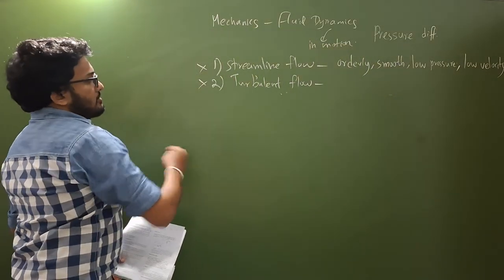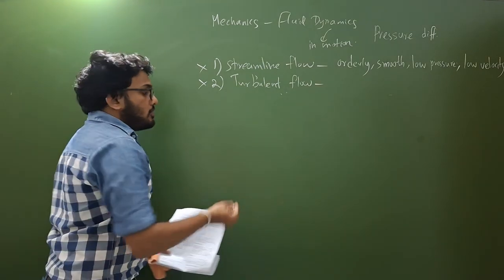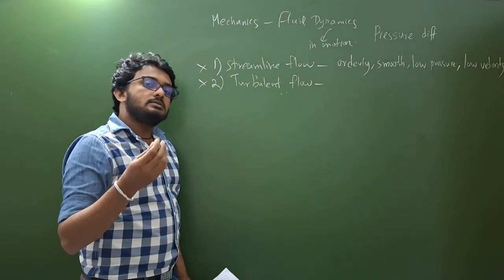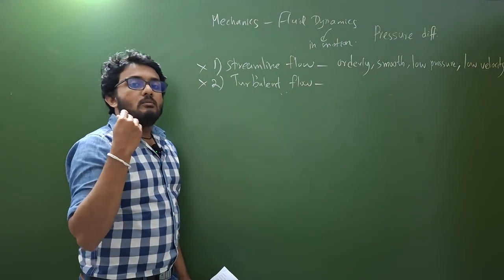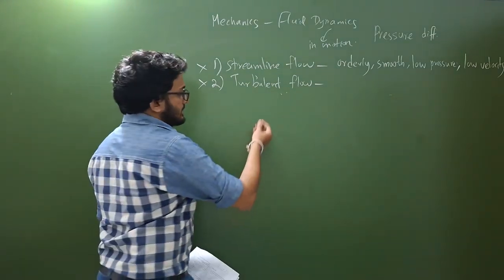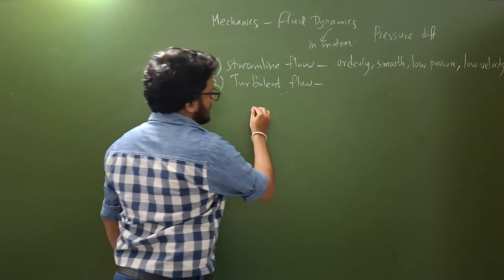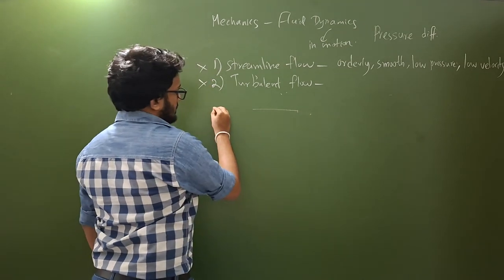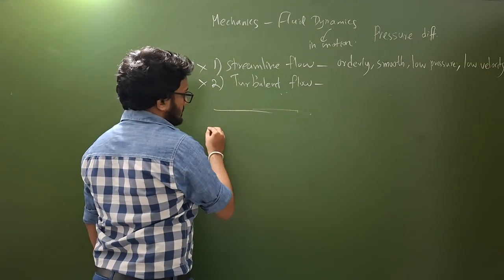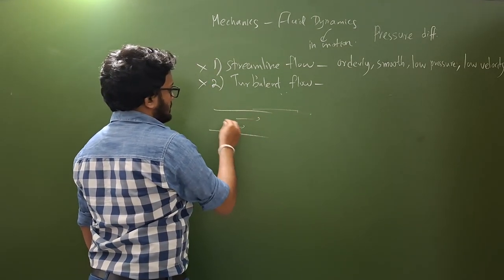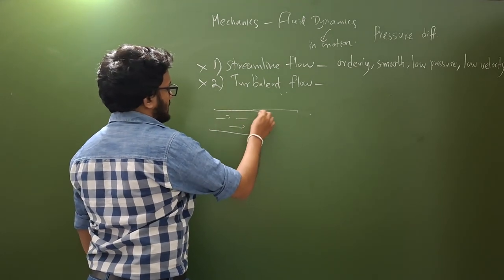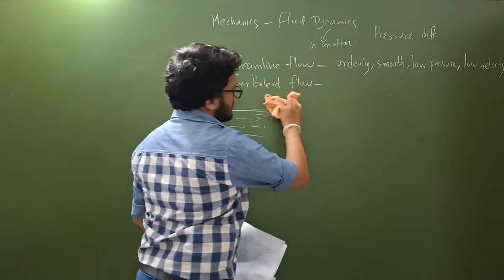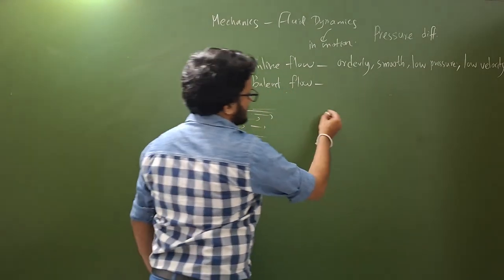So in a streamline flow, we can consider, if not particles, fluid moves in layers. For example, let's consider there is a flow like this. Fluid is flowing like this, and we can consider the fluid flowing as layers.